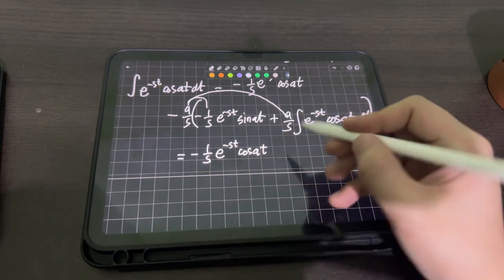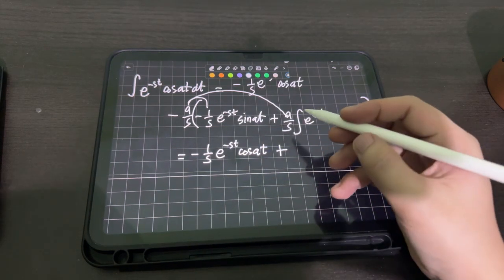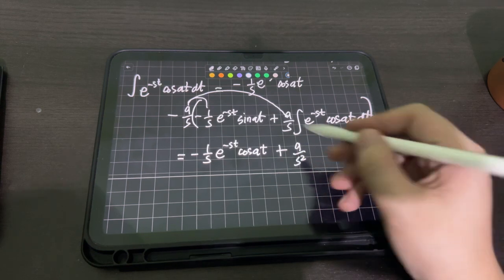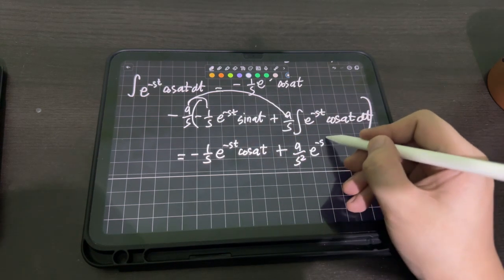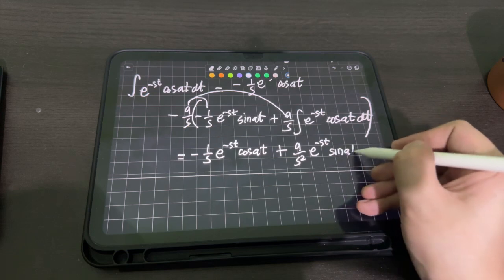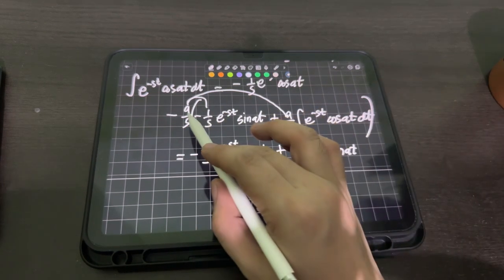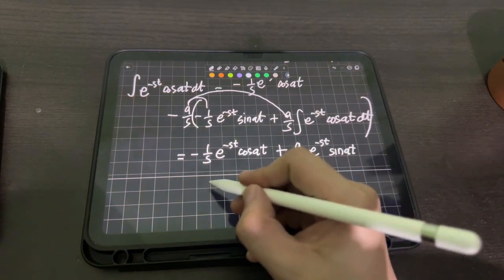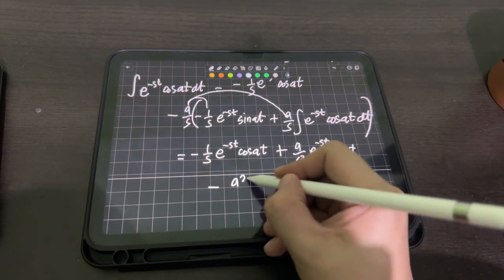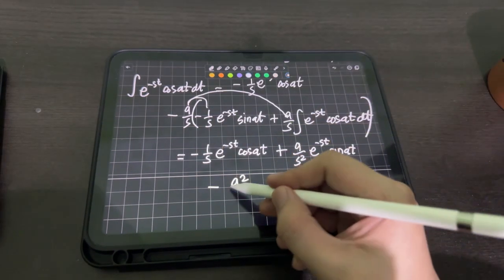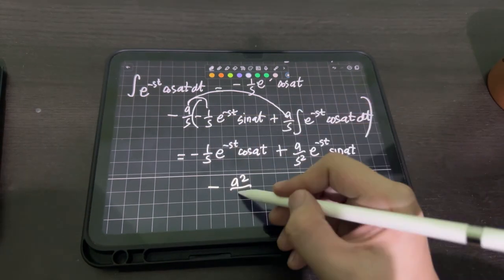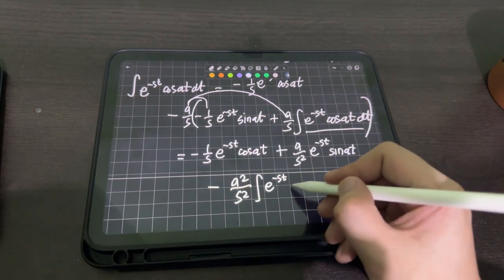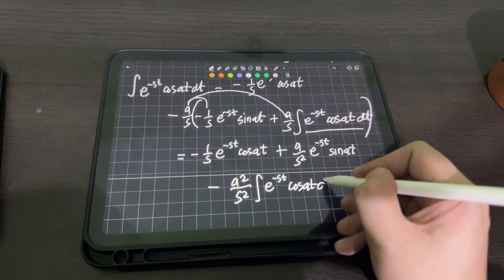That will be positive a over s squared, e to the negative st sine at. Also multiply negative a over s times a over s. So that's negative a squared over s times s squared, integral of e to the negative st cosine at dt.